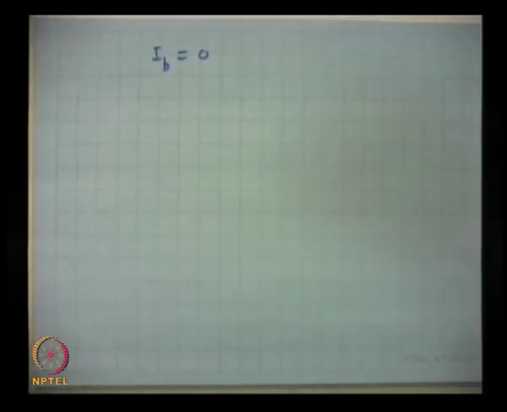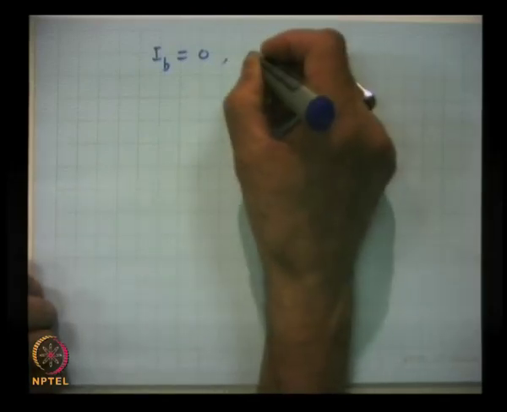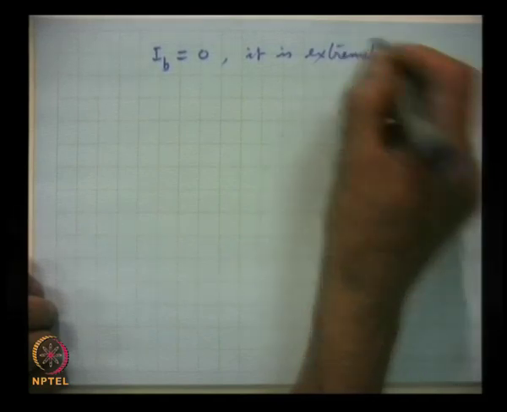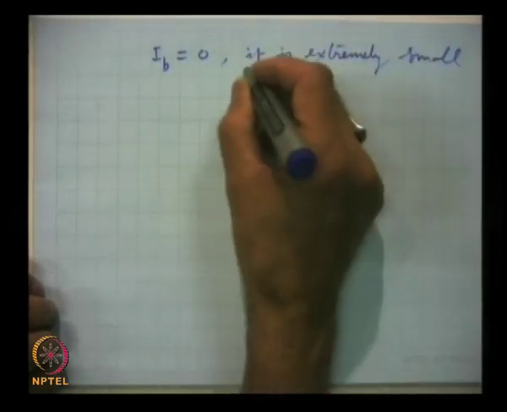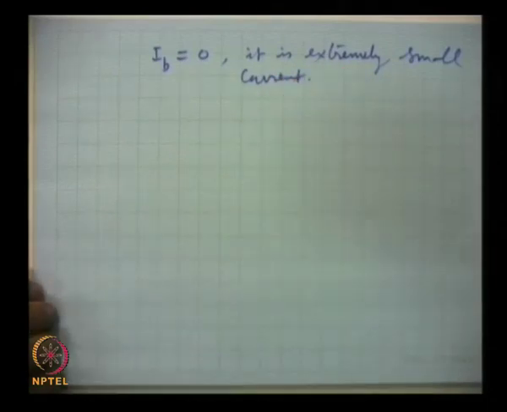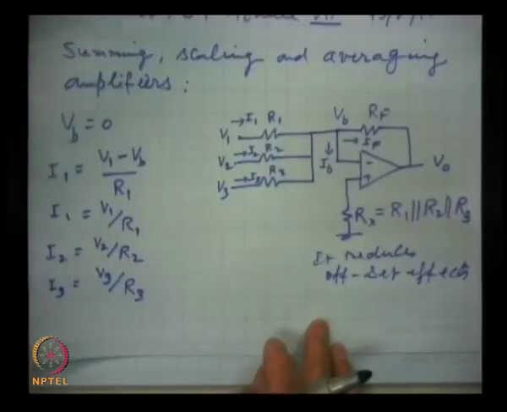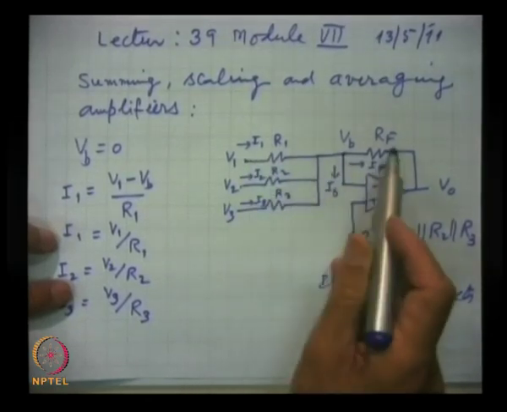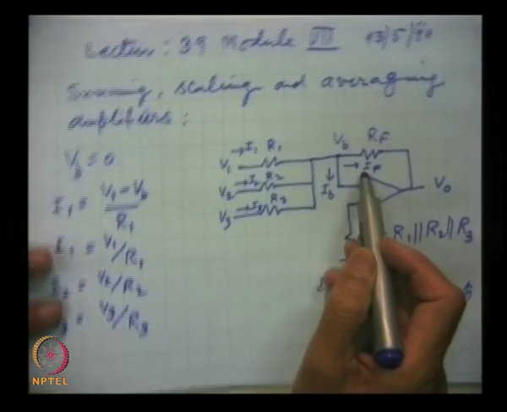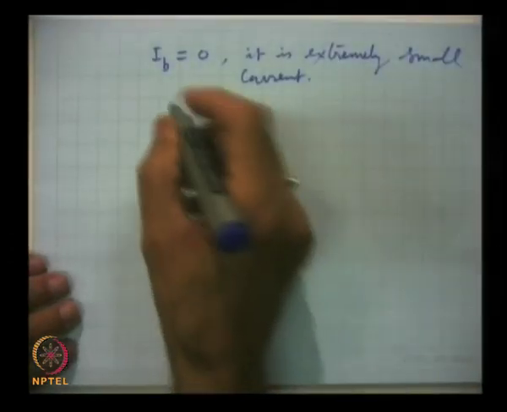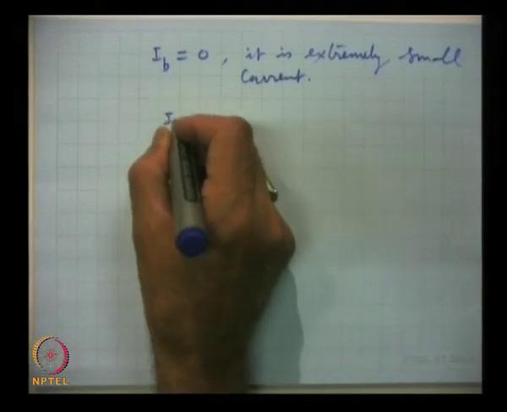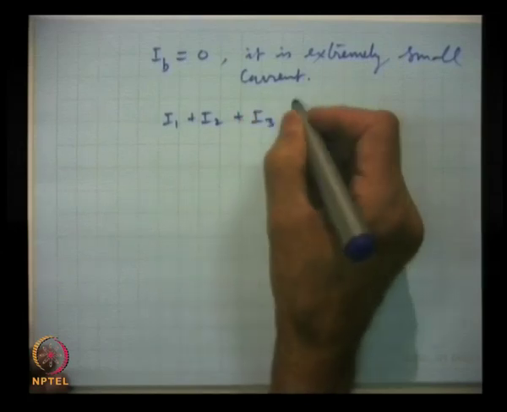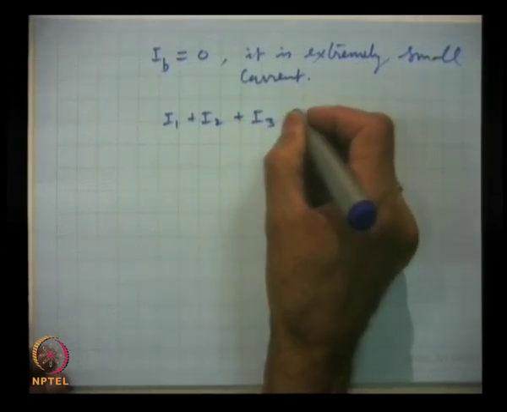We neglect this current, it is an extremely small current. If we neglect this current, IB equal to 0, then obviously the summation of these currents is equal to IF. Therefore, I1 plus I2 plus I3 is equal to IF.